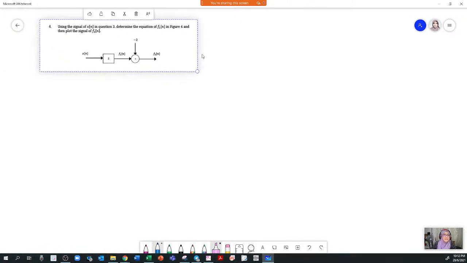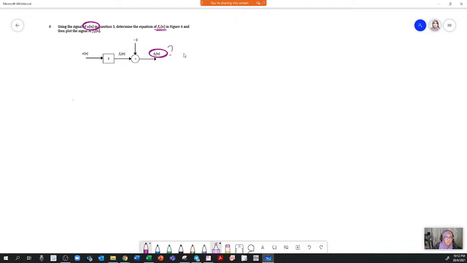So, using the plot in question 3, x[n] just now, determine the equation of f2[n] and plot the signal of f2[n].